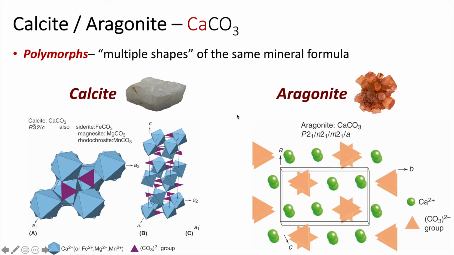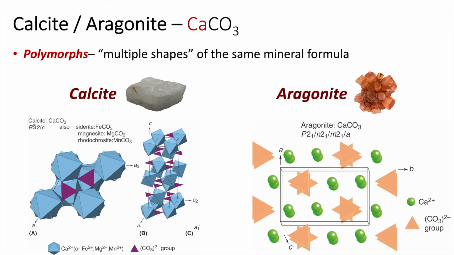In contrast with aragonite here, we still have our carbonate anionic groups as triangles. But now the calcium, instead of being in these nice octahedral sites, if you look at this, say, in Crystal Viewer and you turn on ball and stick, what you'll see is that these calcium ions are cubically coordinated, so they have 8 oxygens that each one is attached to, but they're these really awkward, distorted cubes.